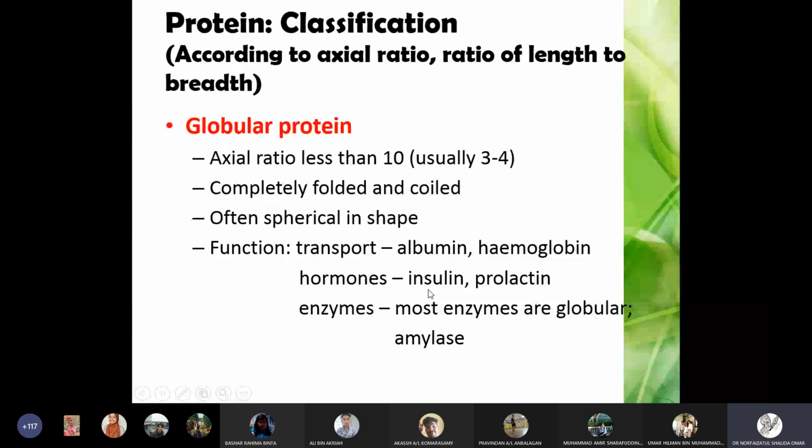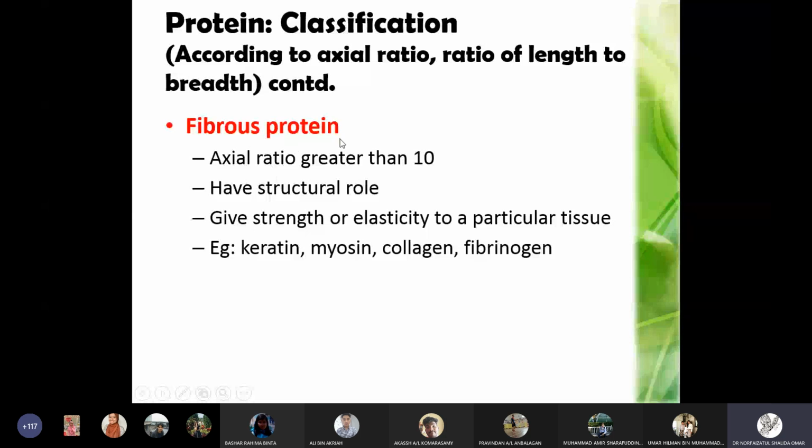Fibrous protein, meaning that it has a long shape. Mostly, for example, keratin, myosin, collagen, fibrinogen. Mainly these are the ones that give the structural role. Okay.